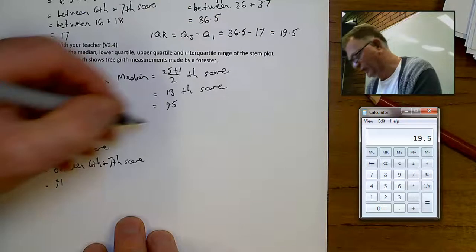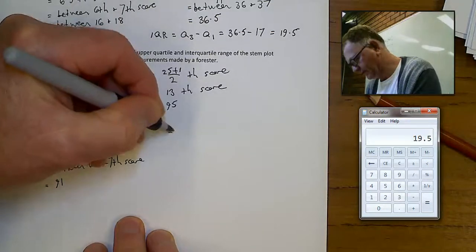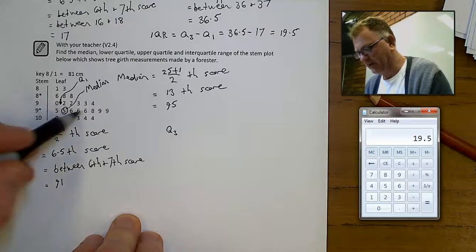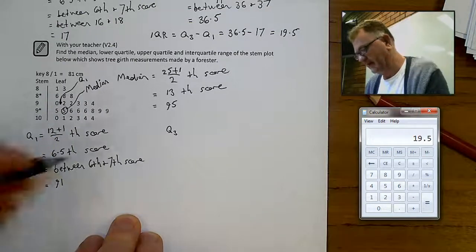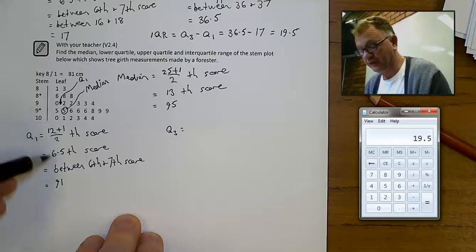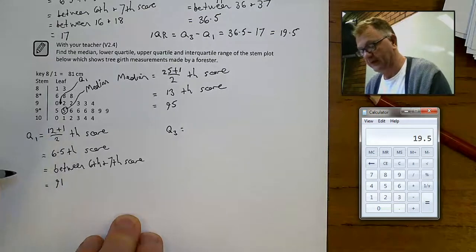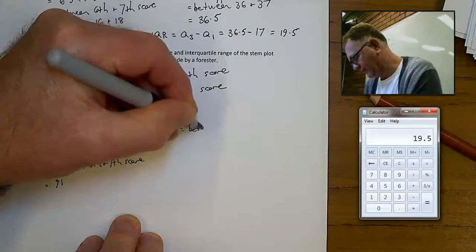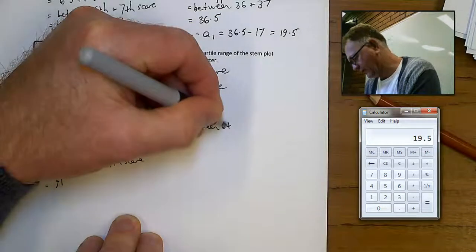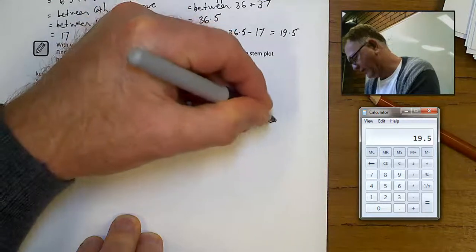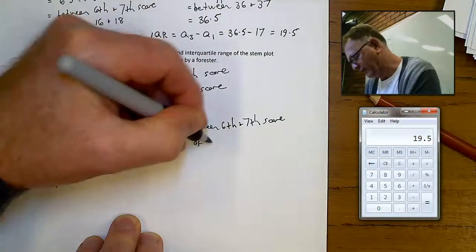The upper quartile, and we've taken out the median, that means there's 12 scores left here, and so the median is, once again, the 12 plus 1 over 2, it's the 6.5th score in the upper half of the data, or between the 6th and 7th score of the upper half.